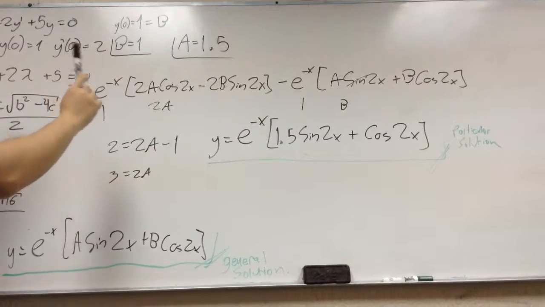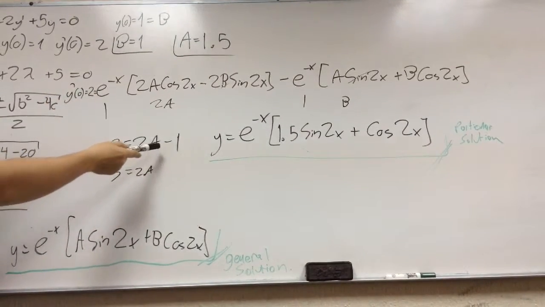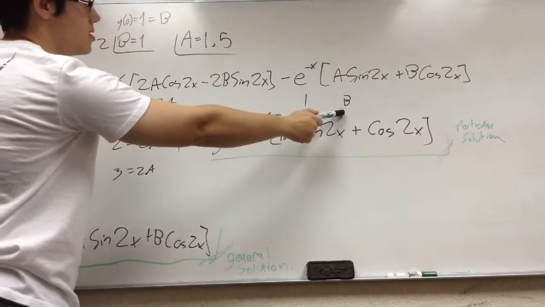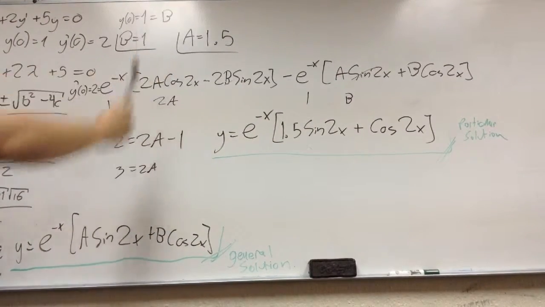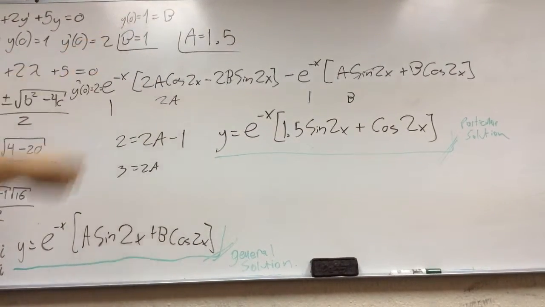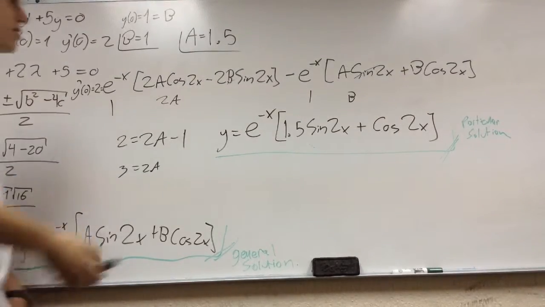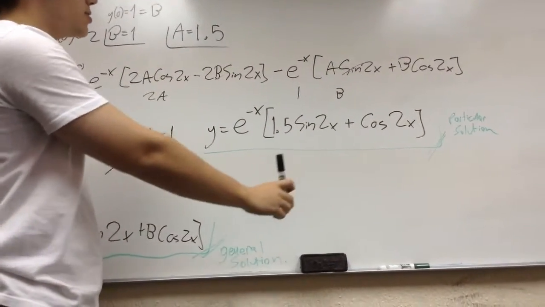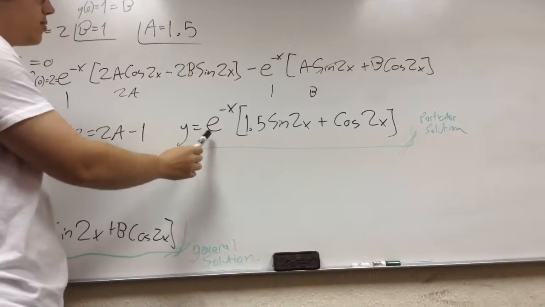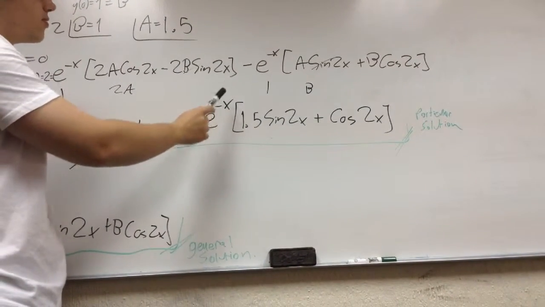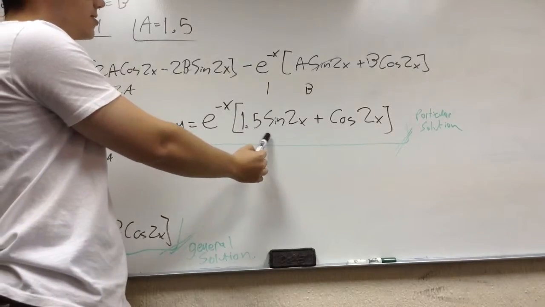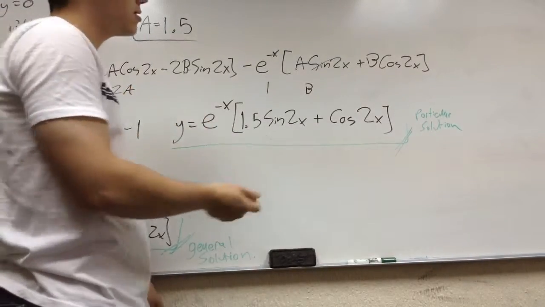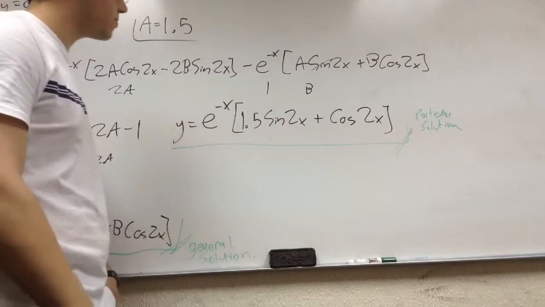We find that 2 equals 2a minus 1, because b is 1. So a will be 1.5. So we finally get our particular solution, y equals e to the power of minus x times 1.5 sine of 2x plus cosine of 2x.